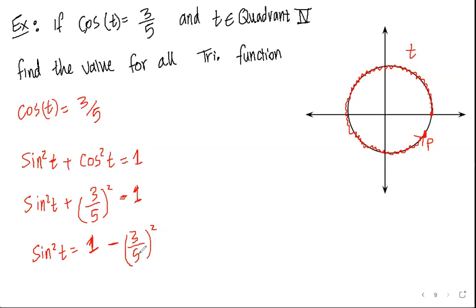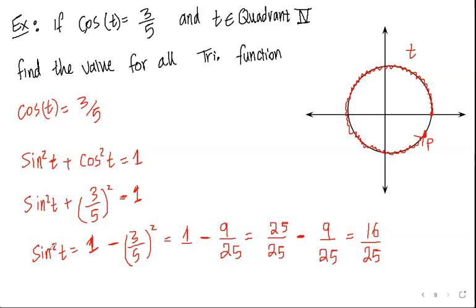What is 3/5 square? It is 9/25. So 1 minus 9/25: the 1 is 25/25, minus 9/25 is equal to 16/25. So the sine square is 16/25. Take the square root of both sides. I get sine of t equals positive or negative. The square root of this is 4/5.